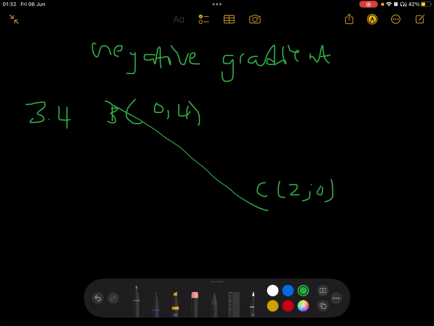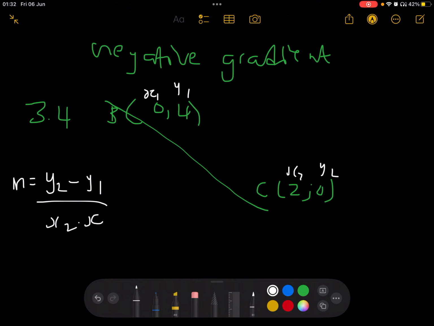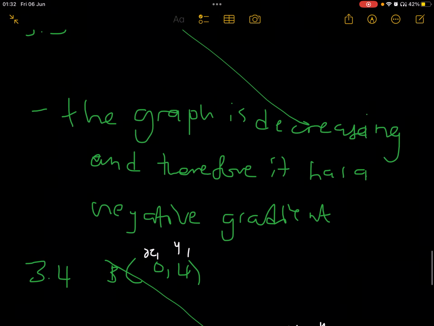Now, from those two, let's calculate the gradient with x1, y1, x2, y2. Gradient m is given by y2 minus y1 over x2 minus x1. Now, this is equal to 0 minus 4 over 2 minus 0, which gives us minus 4 over 2, which is equal to minus 2.